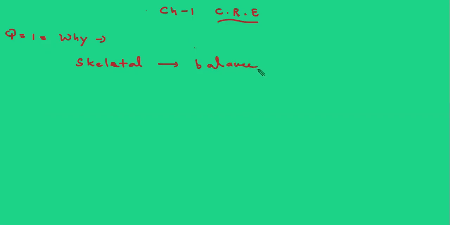Because we have heard about the conservation of mass. So to maintain that conservation of mass, we always have to balance. And I guess we already know that matter can neither be created nor be destroyed. So if the left side, the reactant side, has something, you have to maintain that at the right side too.